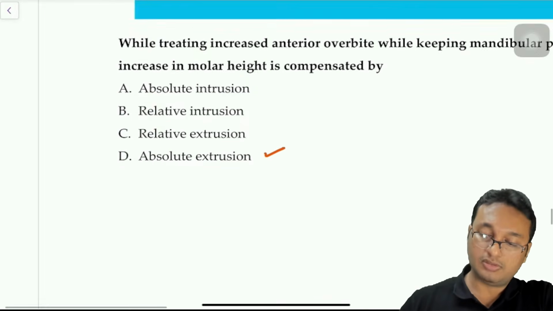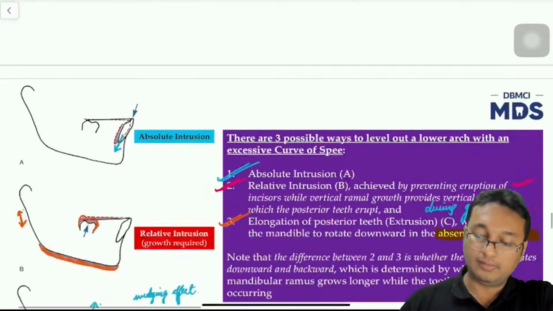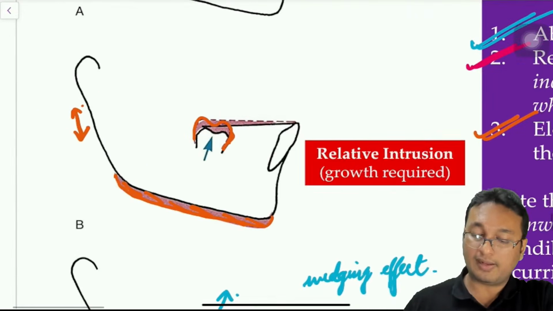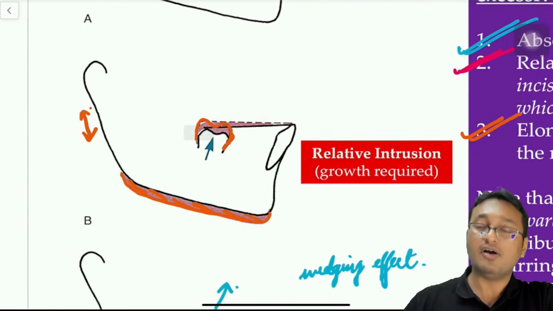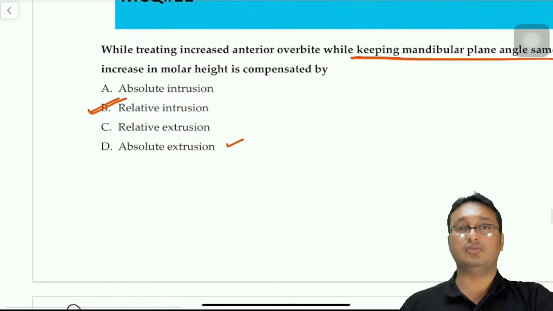But in this question, it is saying while keeping the mandibular plane angle same. By keeping the mandibular plane angle same, it is the scenario of relative intrusion. Okay?